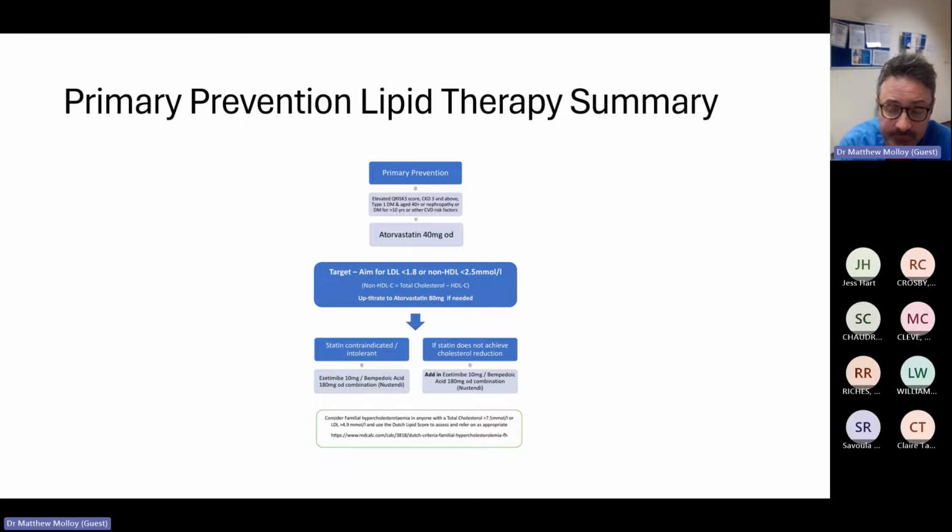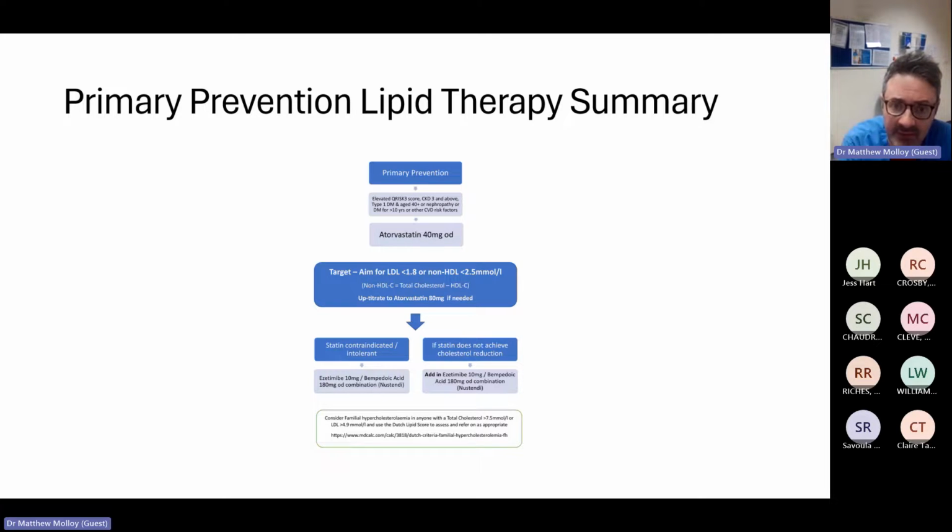In years gone by, we were firing and forgetting. For primary prevention, we were paying no heed to numbers or stats. We were just thinking, if we have got the patient on atorvastatin 40 milligrams, job's done, we don't need to do anything further. But over recent years, we've been given guidance.